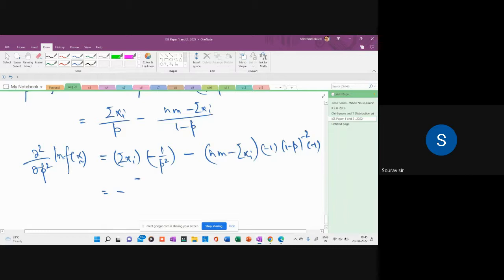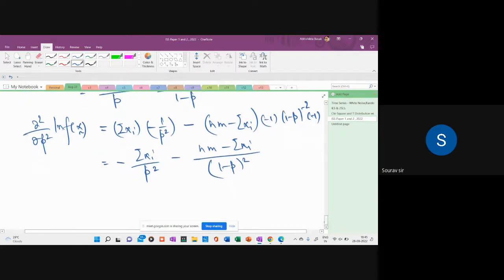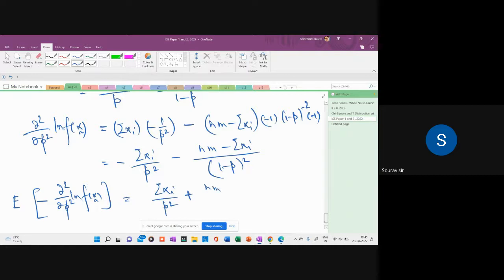So the second derivative is minus summation xi by p squared minus (nm minus summation xi) by (1 minus p) squared. Taking the expectation of minus this particular function gives me summation xi by p squared plus the expectation of (nm minus summation xi) by (1 minus p) whole squared.